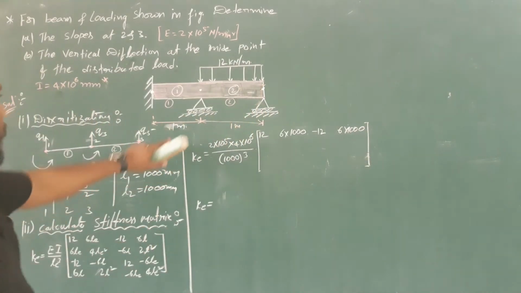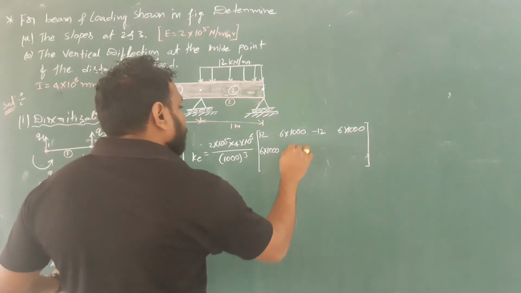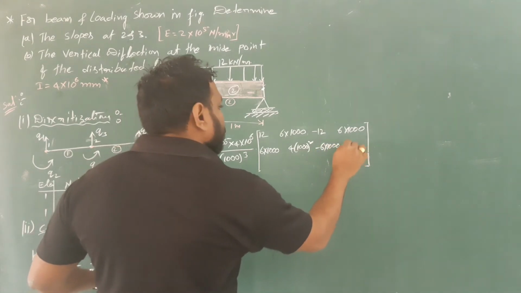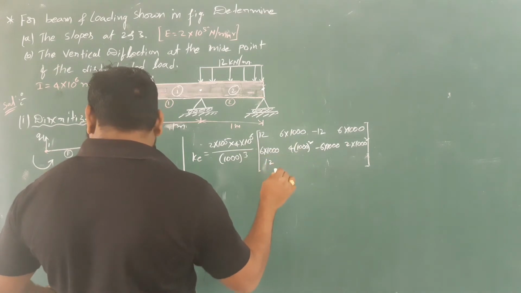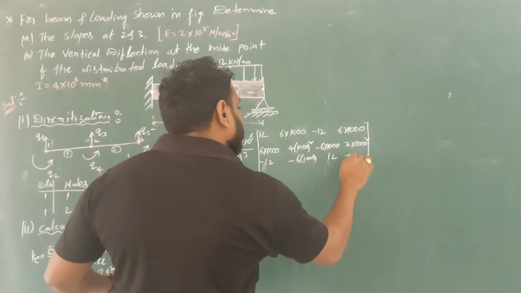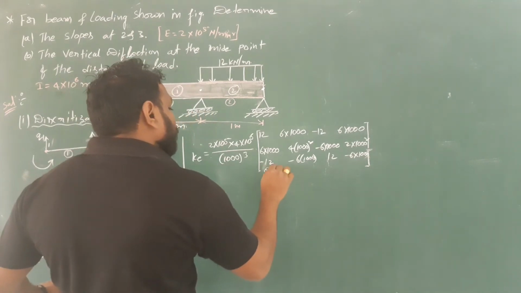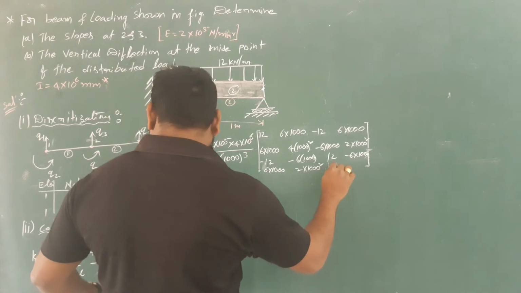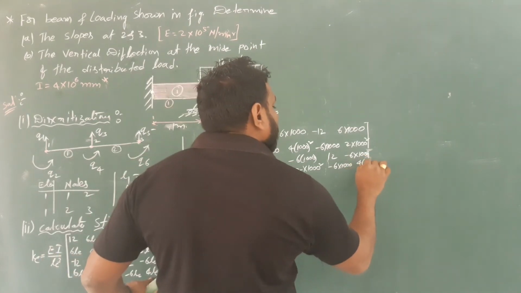Because L_E is in meters, substitute all of this in mm only. 6 into 1000, 4 into 1000 squared, minus 6 into 1000, 2 into 1000 squared, and 12, minus 12, minus 6 into 1000, 6 into 1000. Next 6 into 1000, 2 into 1000 squared, 6 into 1000, and 4 into 1000 squared.